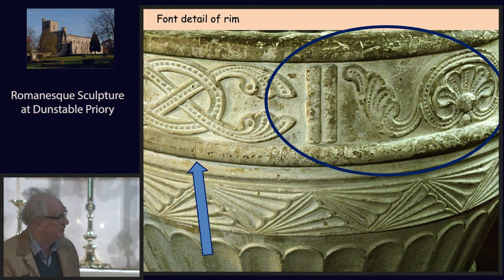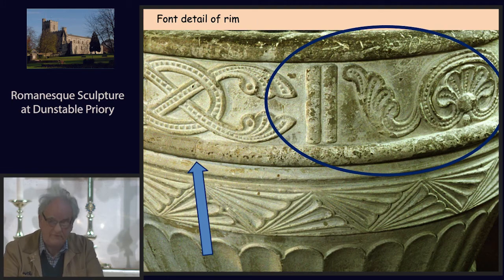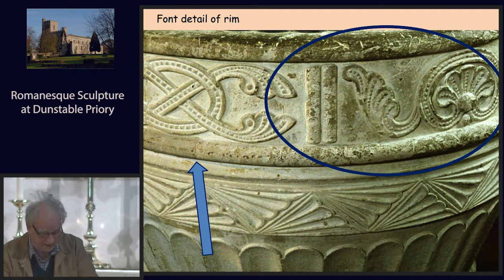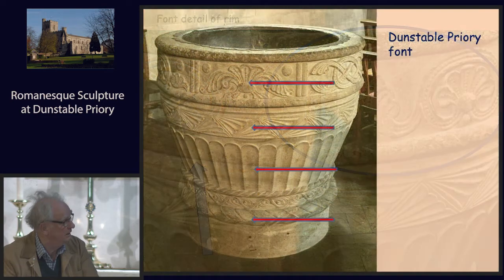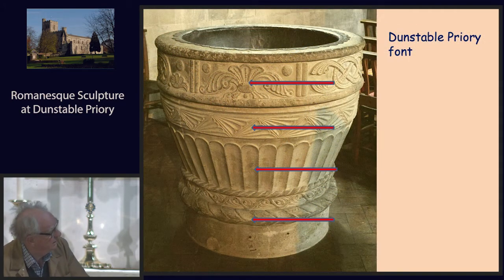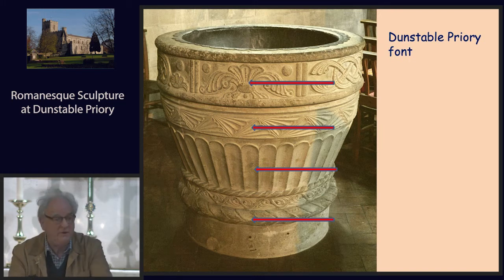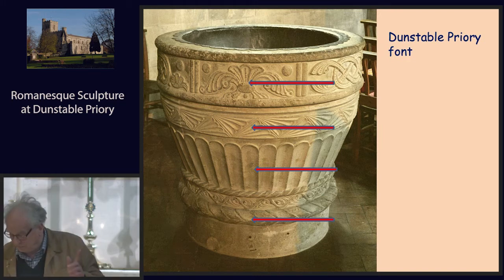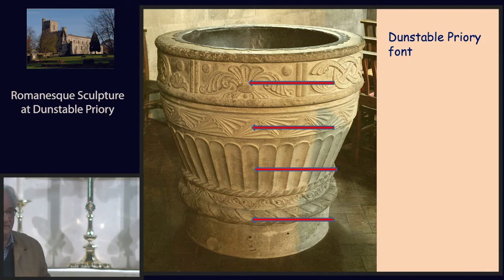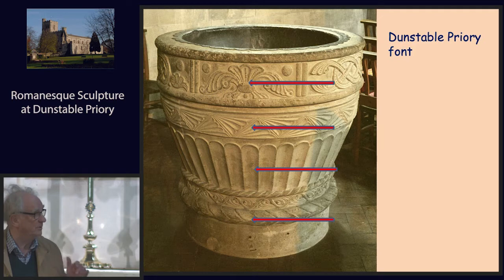Now the font has got a few distinctive features in its decoration. At the top here, this elaborate palmette, and you'll not only have to remember these from what comes afterwards, but I'm reliably informed that there's going to be a short test.